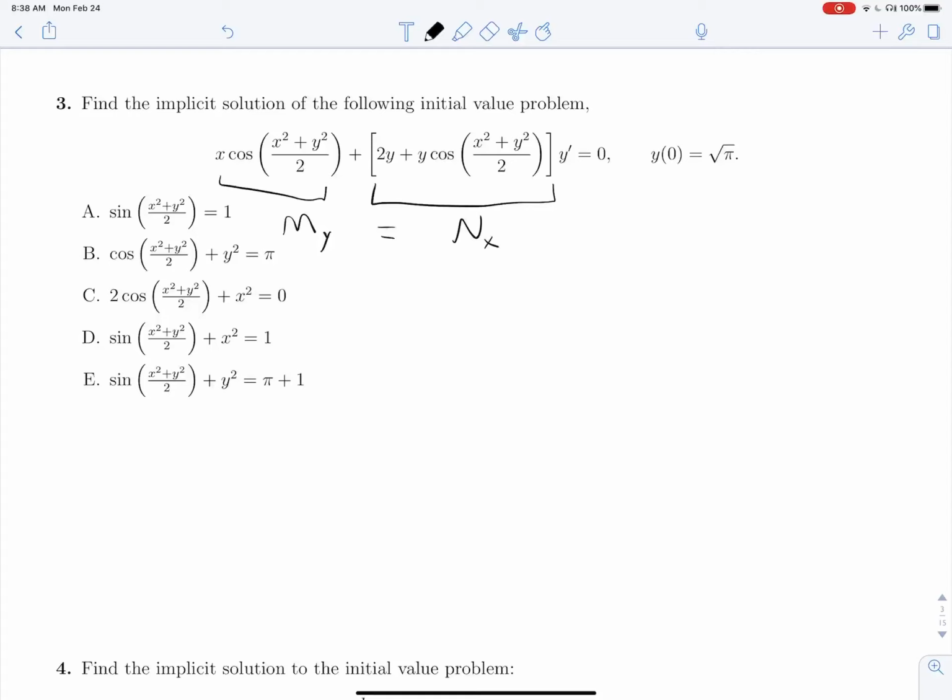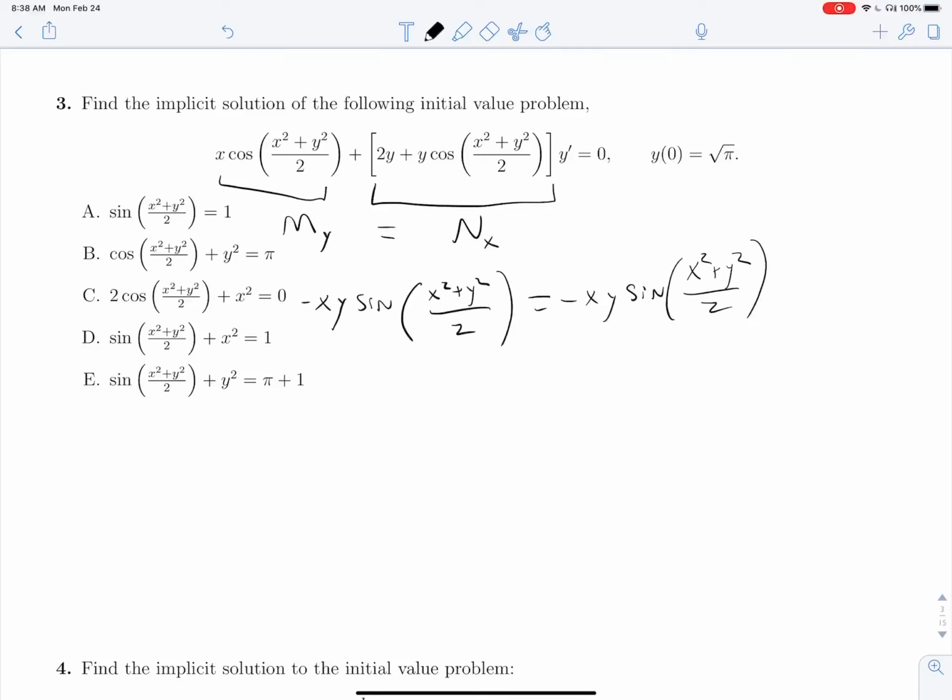So M_y over here is going to be negative xy sine of (x squared plus y squared) over 2. And over here, N_x is going to be negative xy sine of (x squared plus y squared) divided by 2.